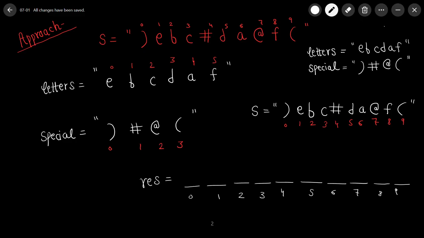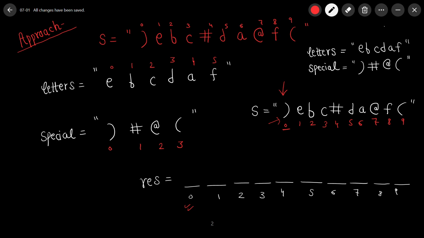So what we would do is now we traverse our original string. So we first come to this. At the 0th index, we find that we have a special character. So we are sure in the result also at the 0th index, we would have a special character only. And which special character we would have?